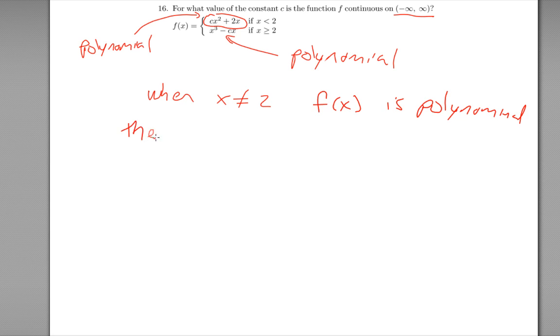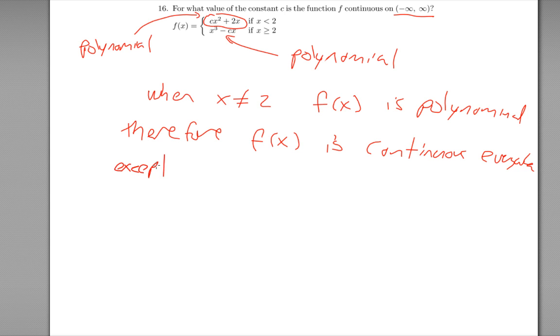Therefore, we know f of x is continuous everywhere except possibly x equals 2. When x equals 5 or 10 or whatever, these are just polynomials, so certainly no problem. Our function is continuous there because these are polynomials.